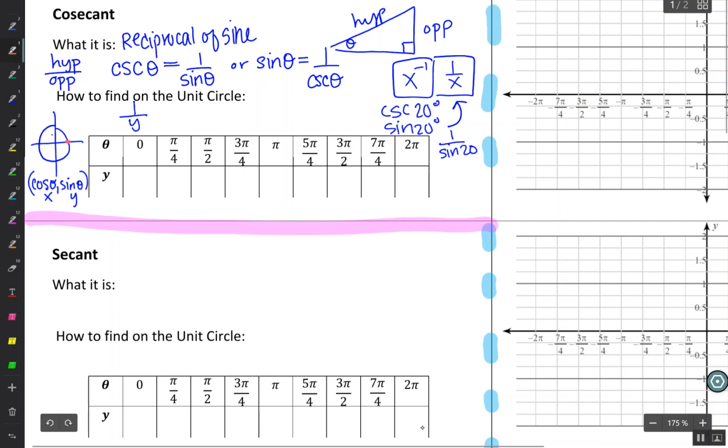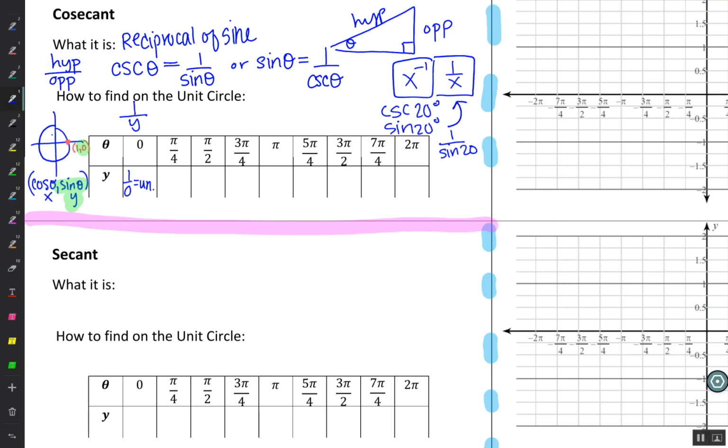This point over here is the point 1, 0. So since the sine is the y coordinate, we're going to take this 0 and we are going to take the reciprocal of it. So essentially we'd get 1 divided by 0, which is undefined. Just like when we had tangent, undefined means there's going to be asymptotes involved.